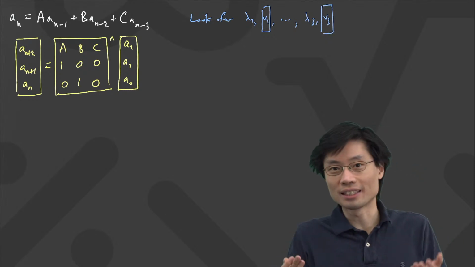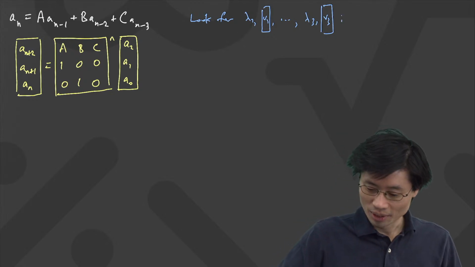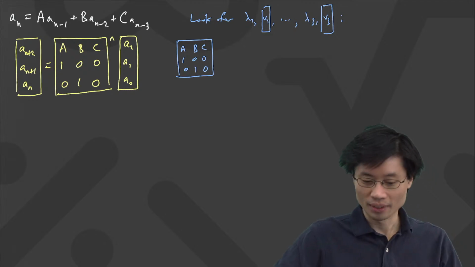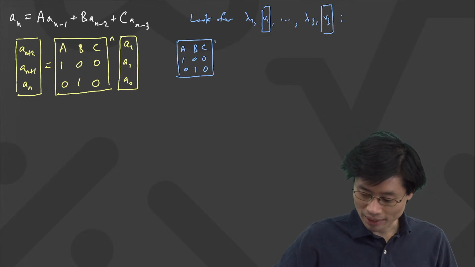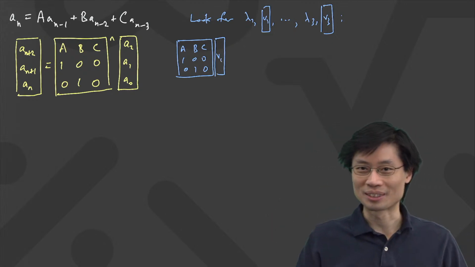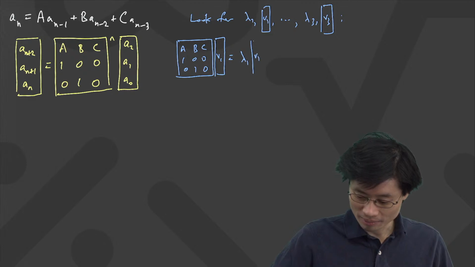We wanted to find these lambdas and these vectors for which, if I took A, B, C, 1, 0, 0, 0, 1, 0 and multiplied it by the vector, say v1 for example, but this would be true for all of v1, v2, and v3, this is supposed to be equal to lambda 1 times v1, and so on.